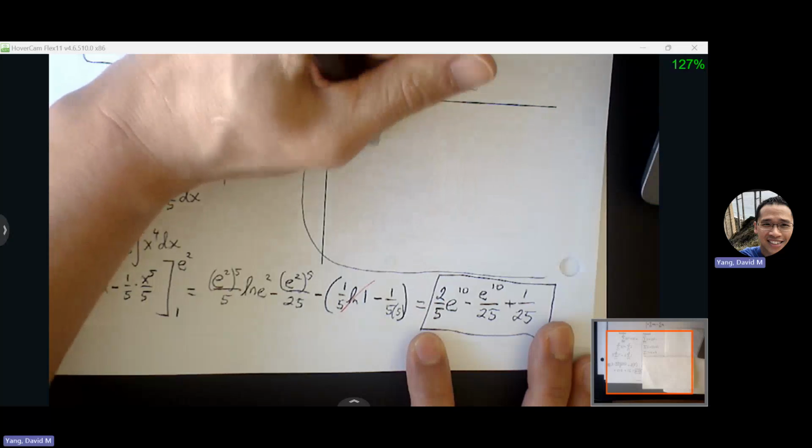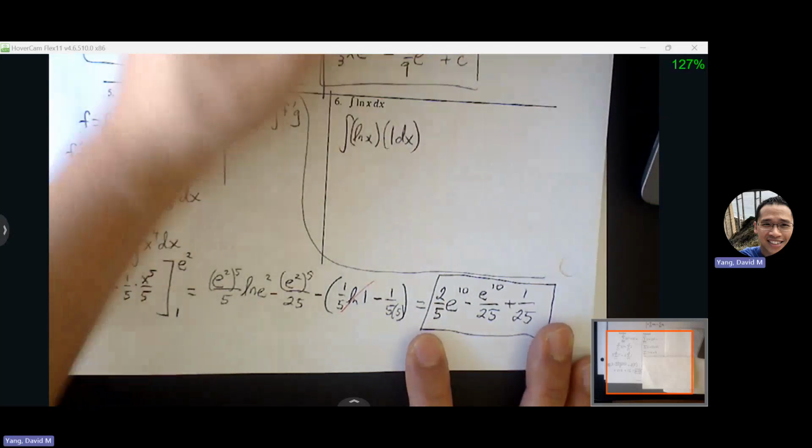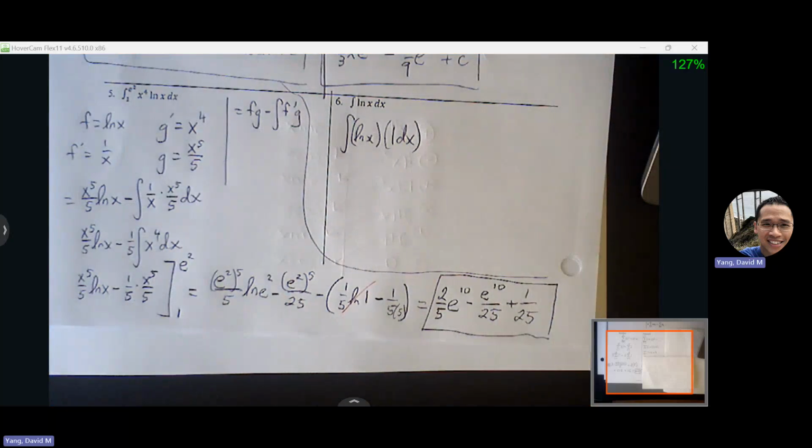I can have natural log of x times what? 1, yeah. And I can treat 1 as what? It's algebraic, polynomial, right? It's not quite polynomial, but 1 technically is algebraic. So natural log of x is my f, and 1 is my g prime.